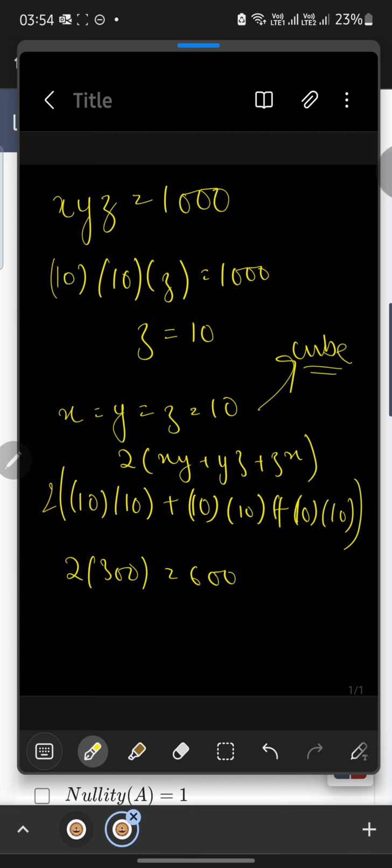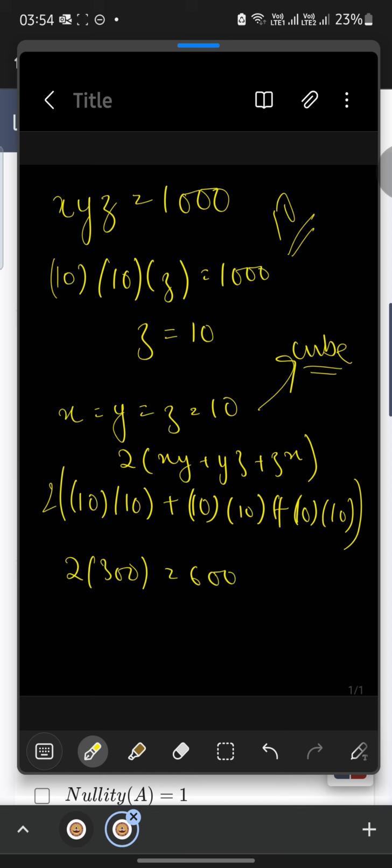Basically I missed a step here, which was supposed to be to find out whether the given point 10 is a maxima or minima. So I skipped that because many of the people already know that in symmetry we get the minimum area, or minimum what we say is surface area in this case.